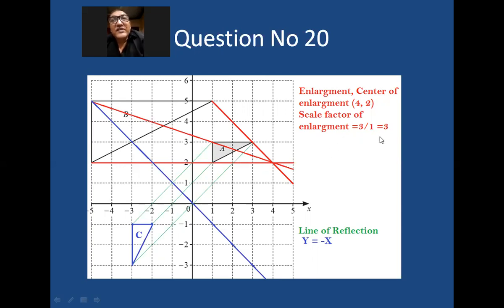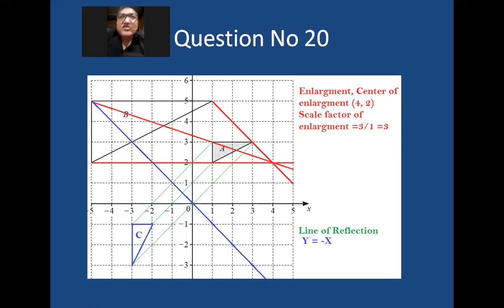So 3 divided by 1, the scale factor of the enlargement is 3. So to completely describe the single transformation that maps triangle A onto triangle B, it is an enlargement, the center of enlargement is (4,2), and the scale factor is 3. So this is the first part.